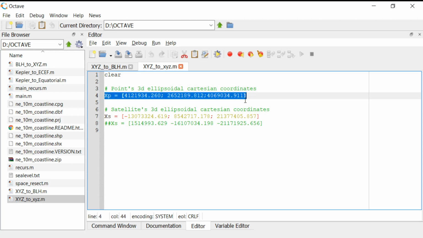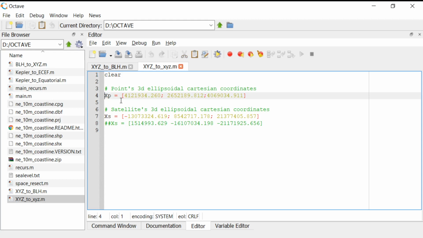As you can see here, I give the coordinates of a satellite, sort of two satellites, let's say, and we will do this for these two cases.